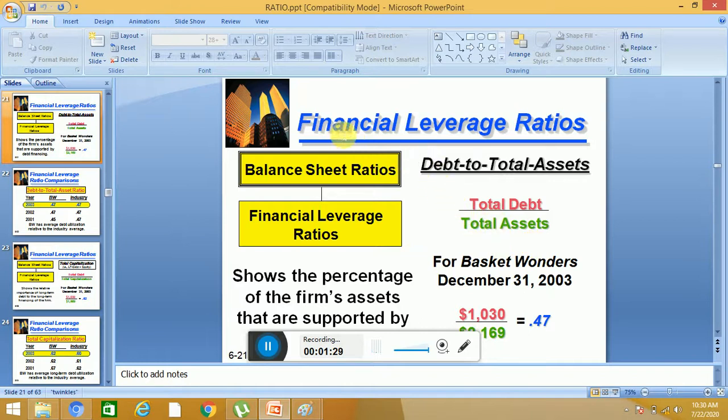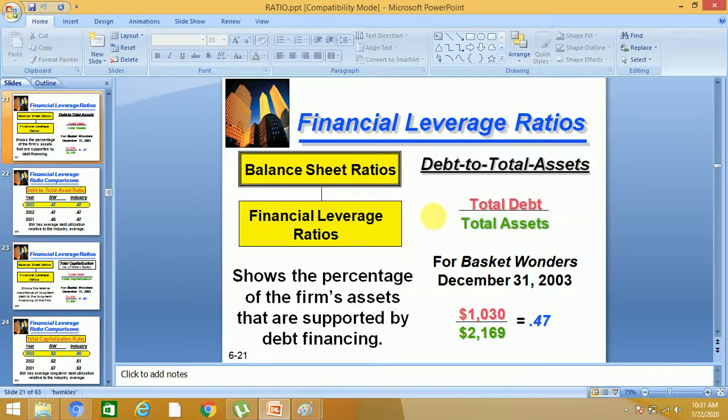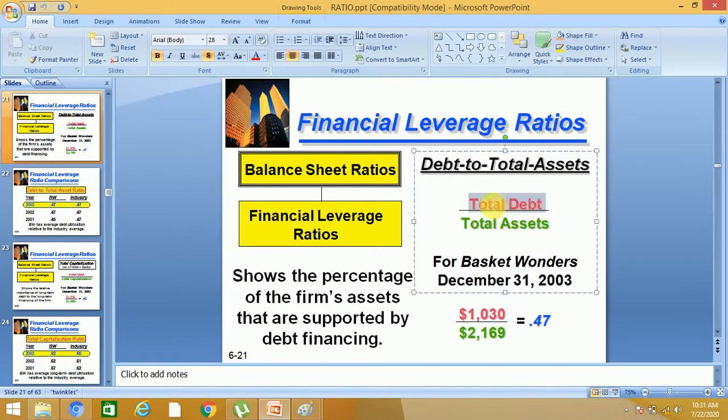The second ratio in financial leverage ratios is debt to total assets. It shows the percentage of the firm's assets that are supported by debt financing. It means, out of total assets, what is the percentage of debt financing?